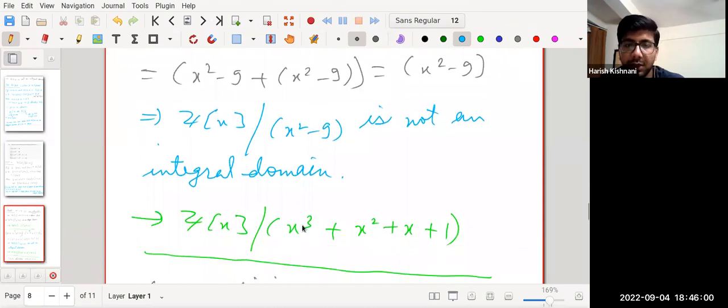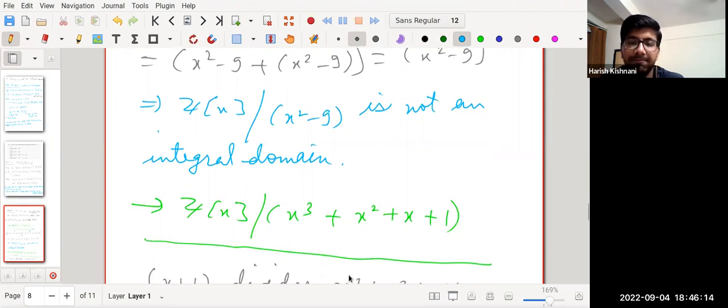Okay. Now, this polynomial you might have seen many times. It has integer roots, and the roots are also easy. Using your hit and trial method, you can find an integer root. Okay, finding an integer root is enough. You don't need to check whether all three roots are real or non-real or complex, whatever it is. But if you find an integer root, that is enough to prove that this ring is not an integral domain.